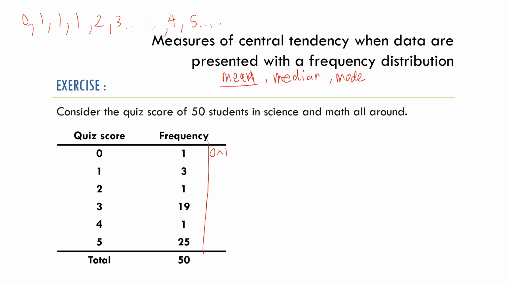Okay. To find the mean, you have to combine all the scores. So in this case, we use the quiz score multiplied by the frequency.